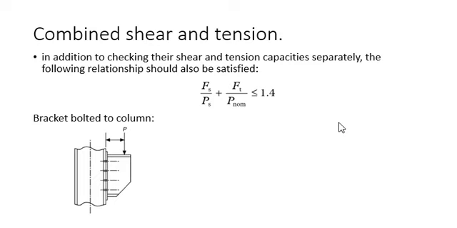So in an instance where we have combined shear and tension being applied to a connection, as we have here, once the load is applied, it tries to push this bracket down. So it means that basically the connection here will be in shear.